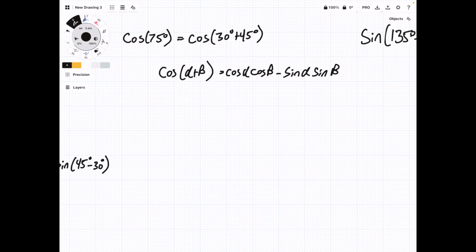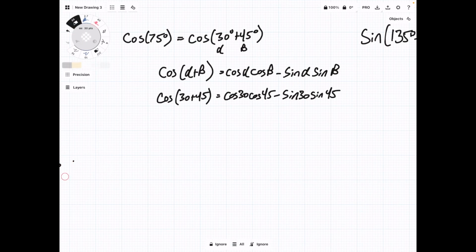So if we assign our variables alpha and beta, we can rewrite this as cosine of 30 plus 45 equals cosine of 30 cosine of 45 minus the sine of 30 times the sine of 45. And what we'll need to do, I'm going to erase this over here, is figure out the sine and cosine variables for each of these angles.